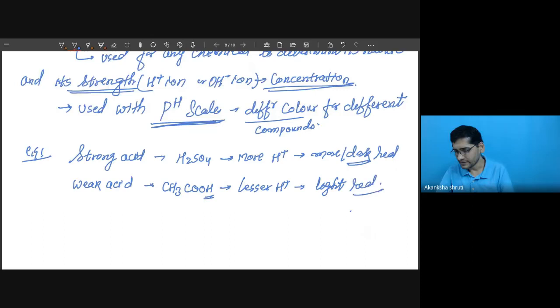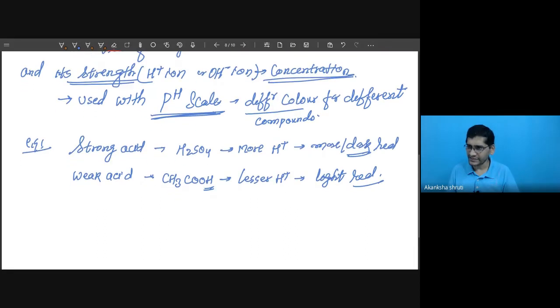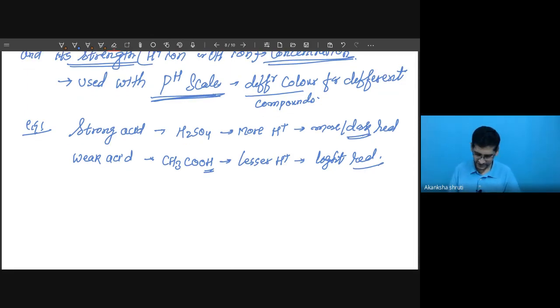Okay, student. So this way, even the acid is differentiated with the help of these universal indicators. The same is also true for the base. If we are taking KOH or NaOH, intense blue we can obtain. But if we are taking ammonium hydroxide, then light blue will be obtained. So let me write that example.